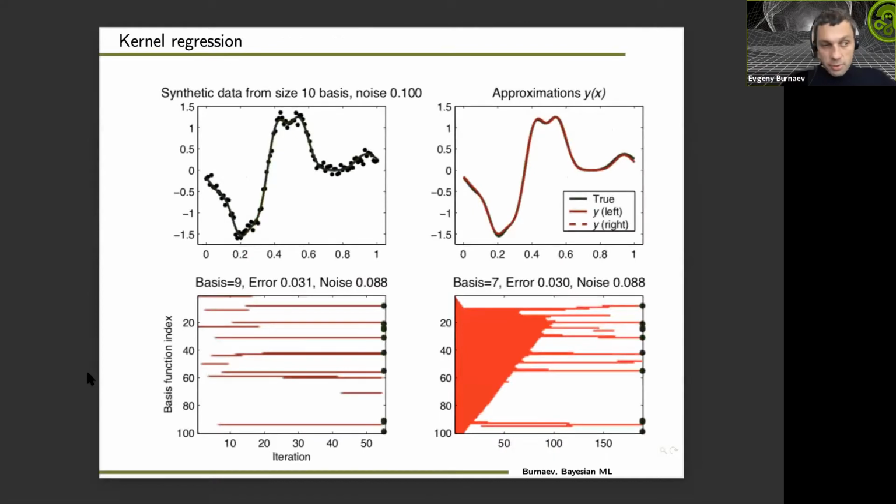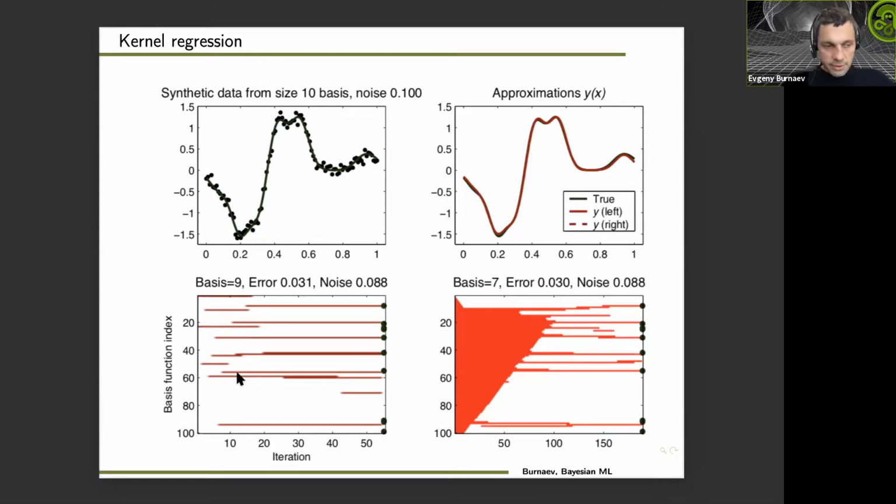And this is an example of how it works. In this case, this is the number of the iteration, and these are indexes of different basis functions. Here, I started from the empty model, so all basis functions have zero coefficients.